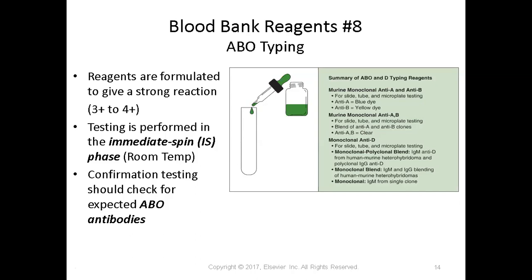So what does this mean? I am type A, and so you may know by now, that means I have the A antigen. But due to Landsteiner's rule, I also have an antibody against the B antigen because I don't have the B antigen. Those are called ABO antibodies and they're naturally occurring.